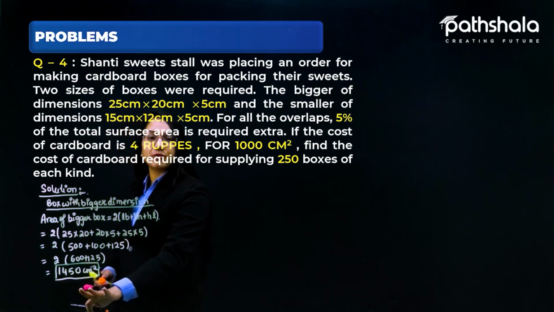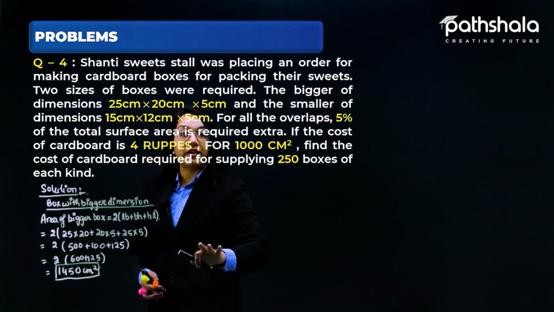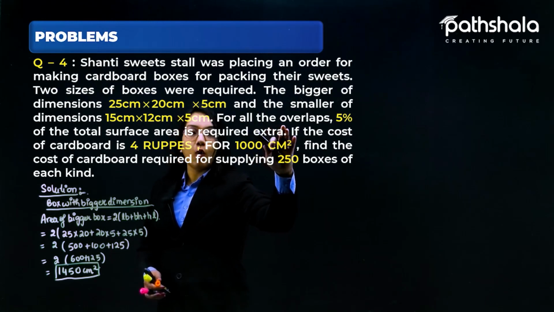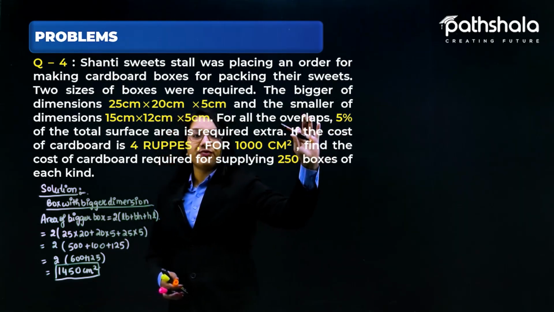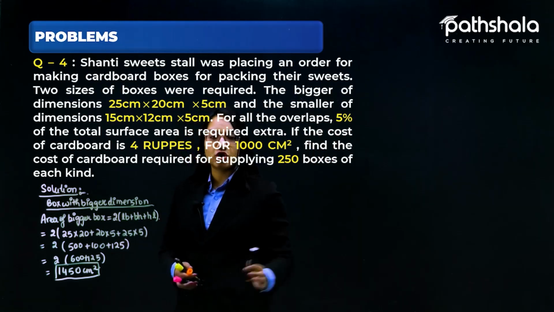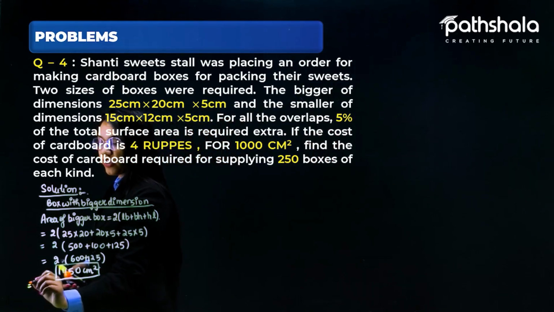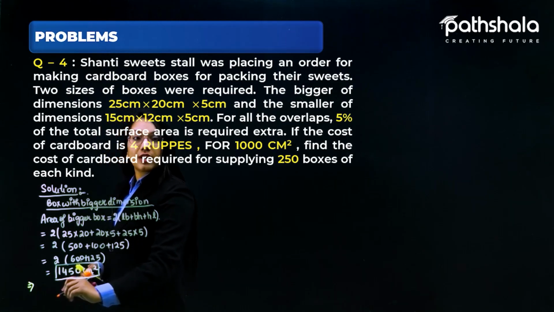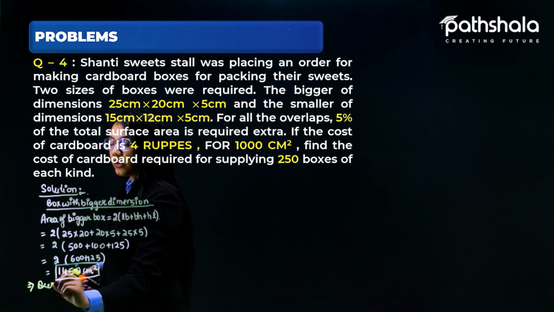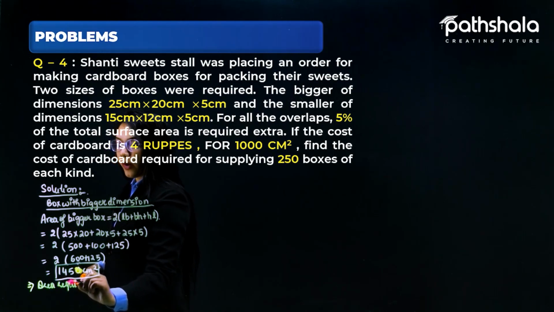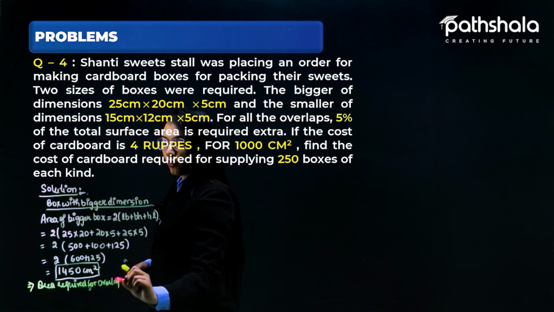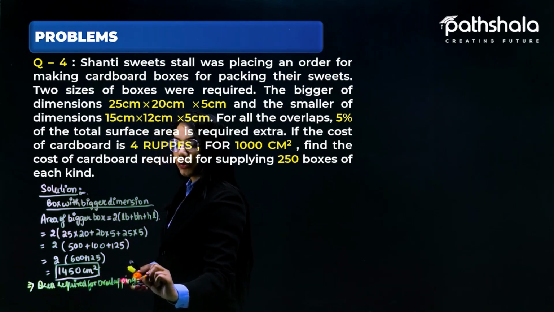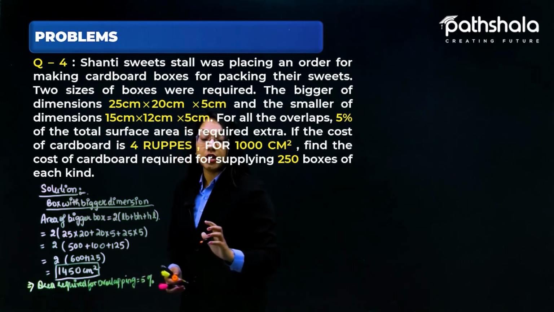Now let's move further and find the area required for the overlaps. As you can see, it says that for all the overlaps, 5% of the total surface area is required extra. So the area required for overlapping should be equal to 5% of the total surface area.